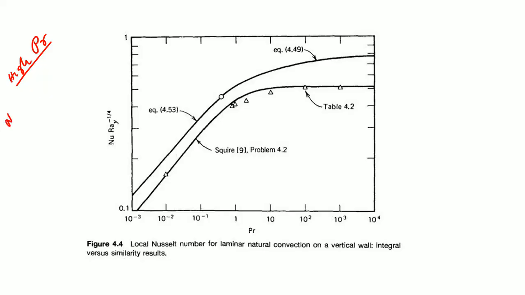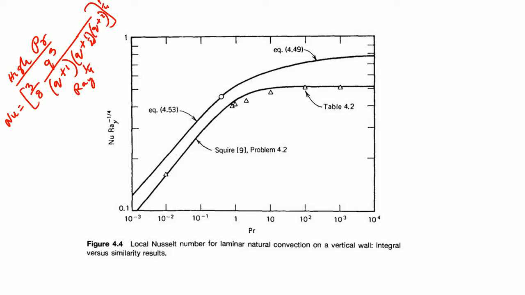Now, if you recall the two expressions, for high Prandtl number, your Nusselt number expression was, if you recall your notes, raised to the power of 1/4, into Rayleigh number to the power of 1/4.